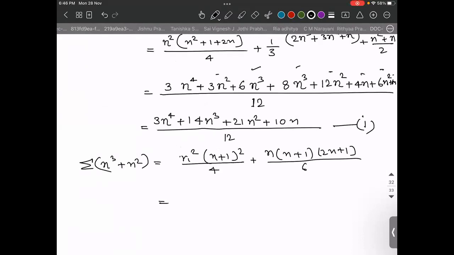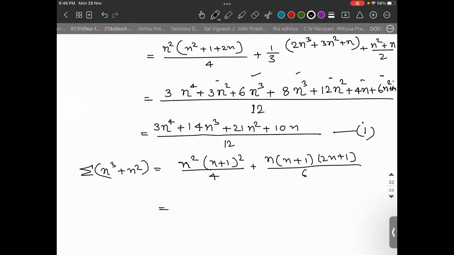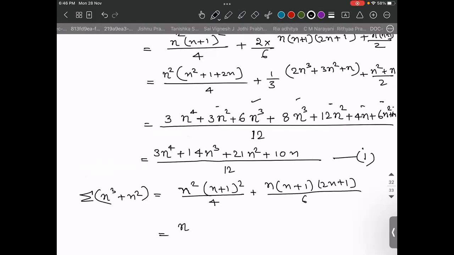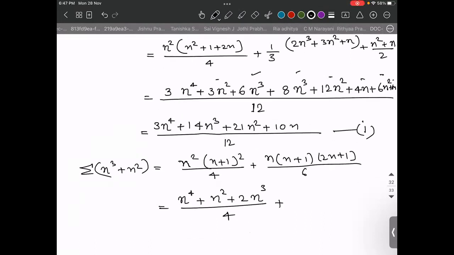Now if you solve this, you'll get, this is n by the way. So here again you will get n to the power 4 plus n square plus 2n cube. Is it 2n cube? Yeah, that's what you get upon 4 plus this.